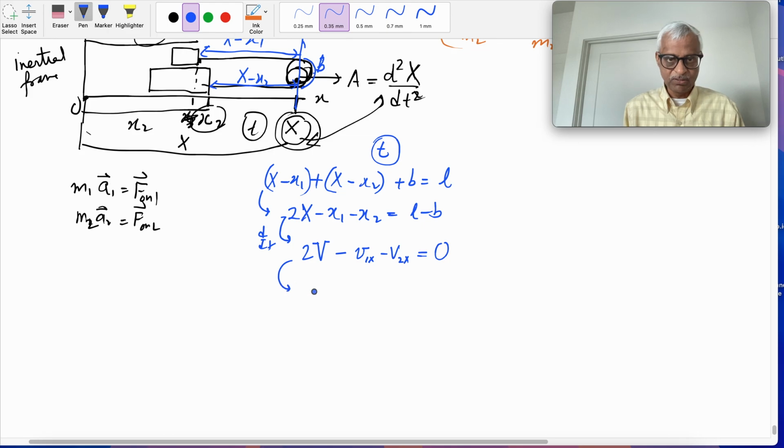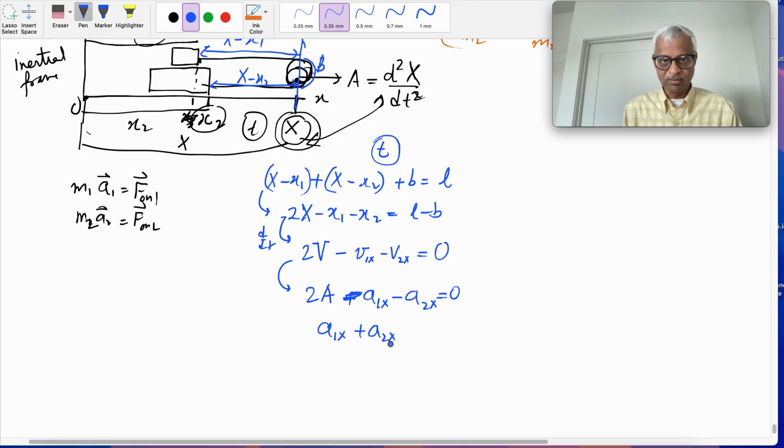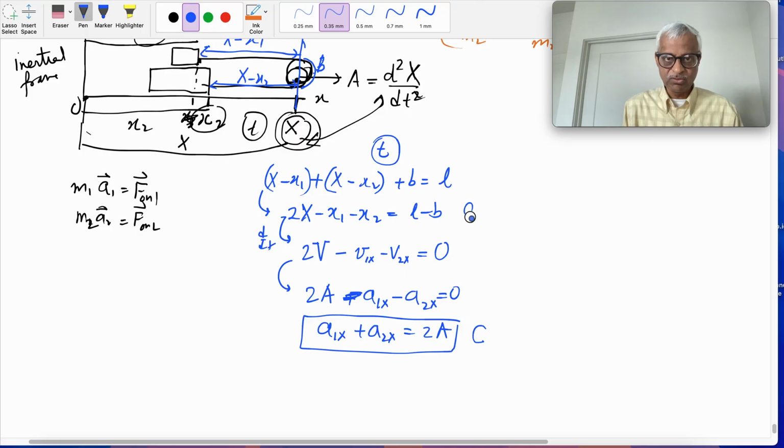And this just says 2 times acceleration plus a1x minus a1x minus a2x equal to 0. So a1x plus a2x equals 2 times acceleration. So this is what we will call the constraint, and this also came from the constraint.